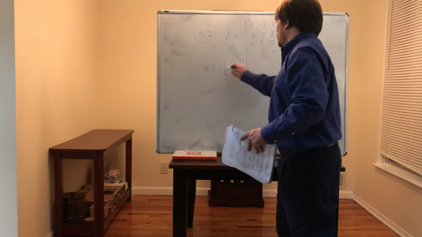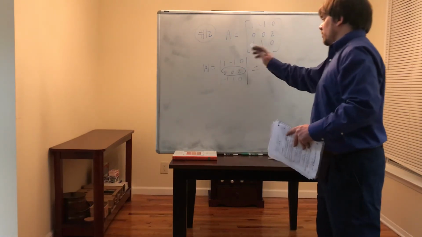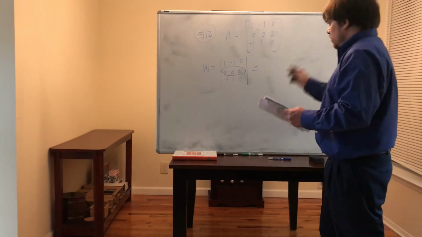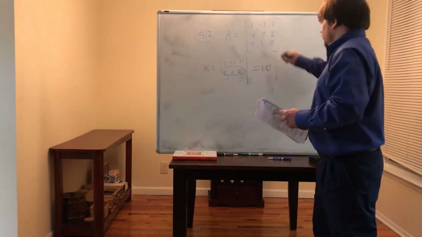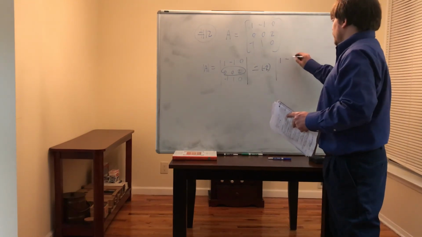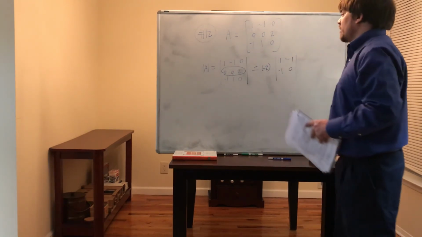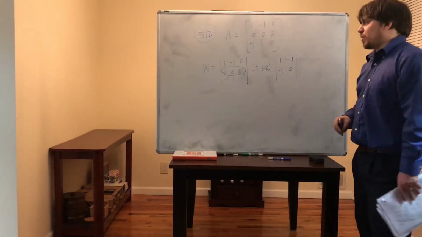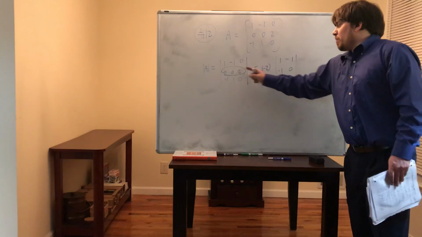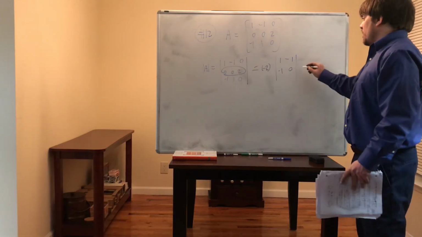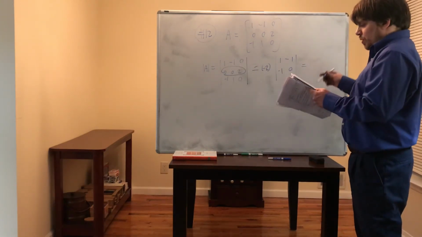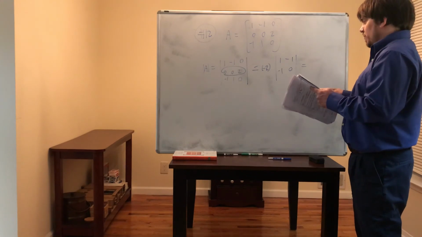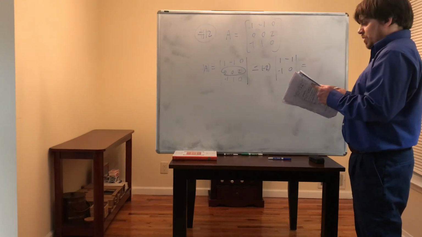When you find the determinant of that matrix, you could take the cofactor expansion along the second row. So this would be minus 2 times the determinant of that submatrix.